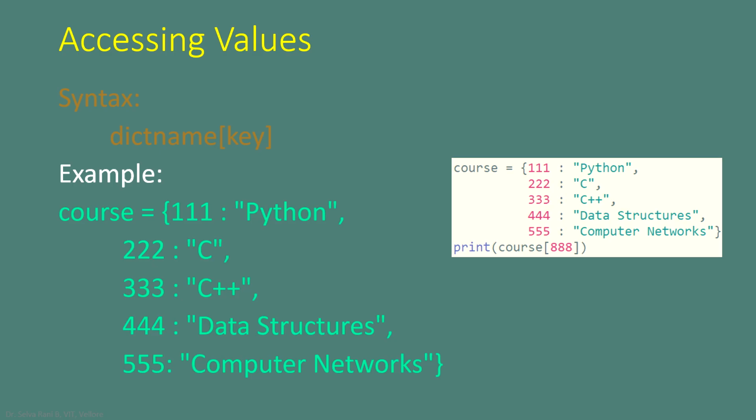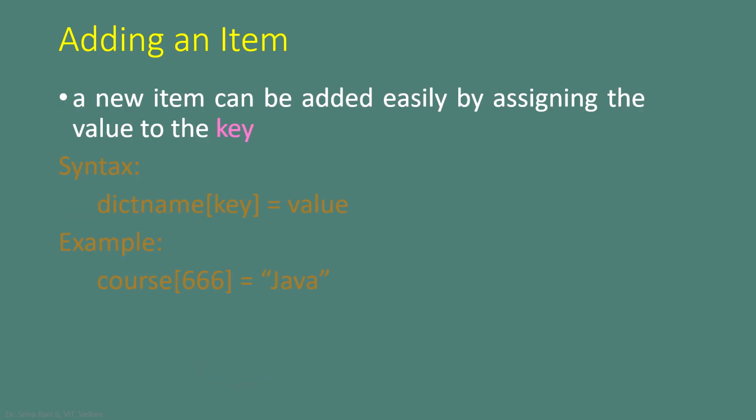In this example, we are trying to display course of 888, the value associated with the key 888. Now the interpreter raised a key error, KeyError 888. It means that 888 is not present in the given dictionary.